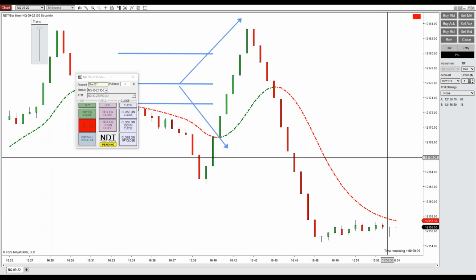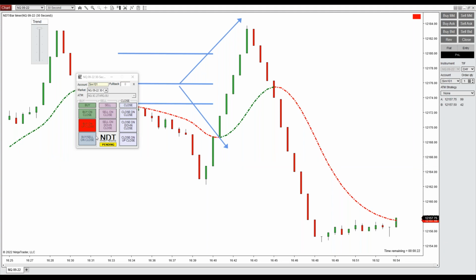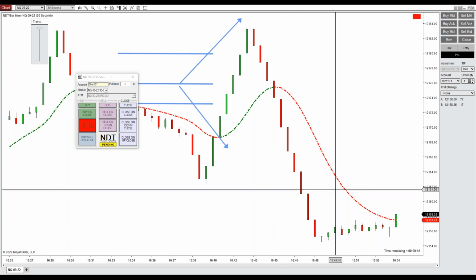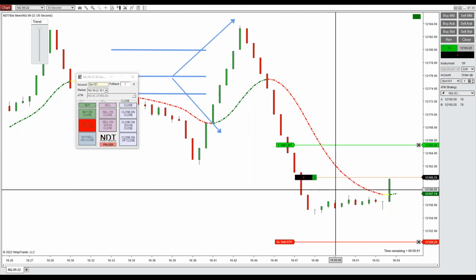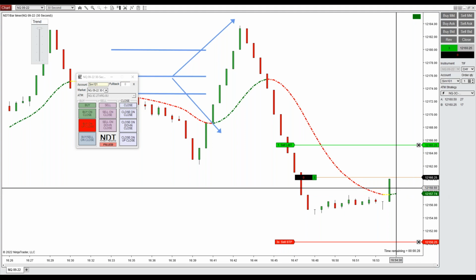You want to trade off a reversal candle, you'll have that good till canceled reversal candle. My recommendation is to use the 15. Now we're looking to buy an up close. Won't see anything happening here yet. Order. There it is.